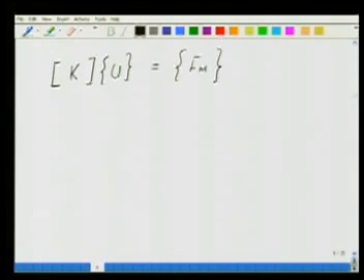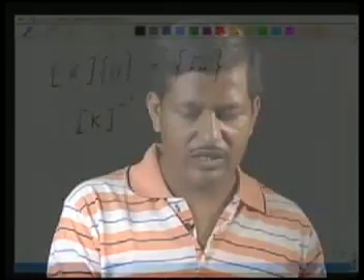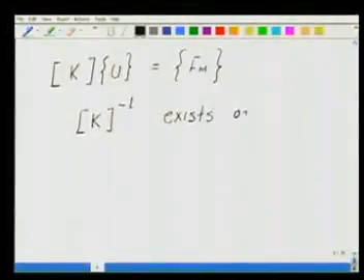Now, the question is, if I want to solve this problem, can I solve? That is, I have to find K inverse. Before we find that, we have to know whether it exists or not. So, what do you think, whether K inverse will exist or not? You remember that V is an unconstrained test function.